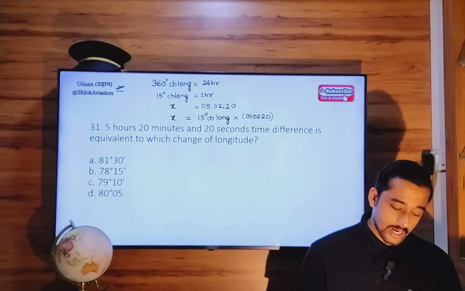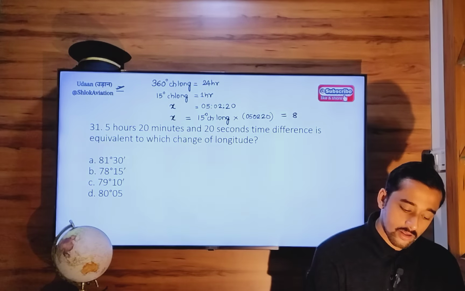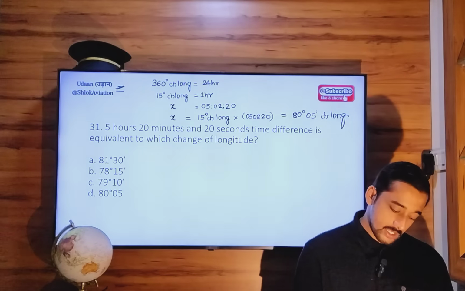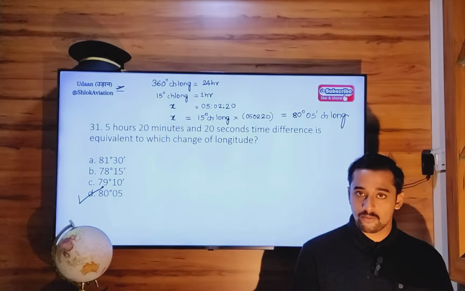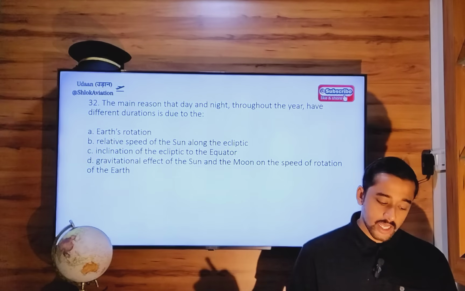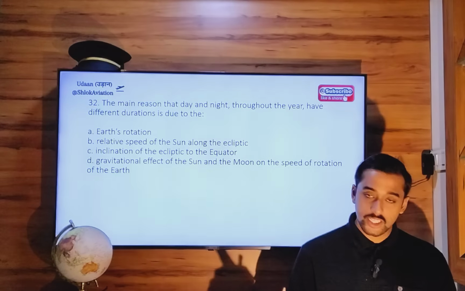That is equal to 80 degree 5 minutes change in longitude. So the correct option will be option D, 80 degree 5 minutes. Simple cross multiplication.